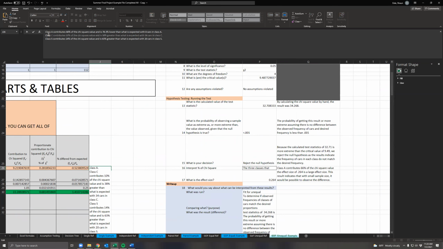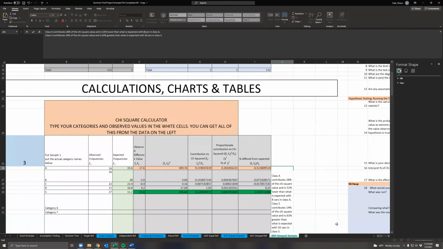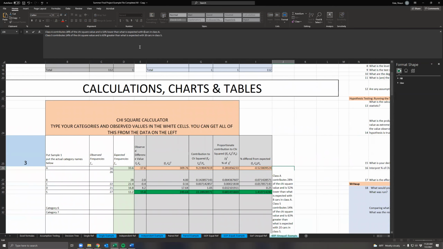So I'm going to delete this class C. Class A contributes 28%, so I'm going to change this: 28% of the chi-squared value, and is 52% lower than what's expected, with a total of 16 cars in class A.